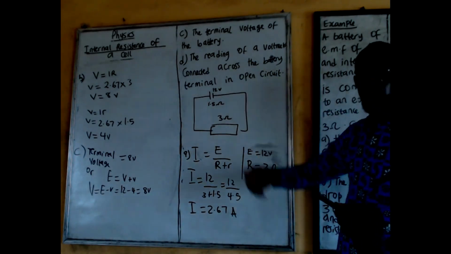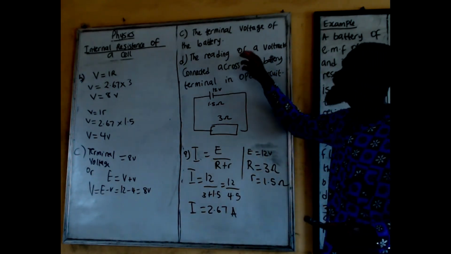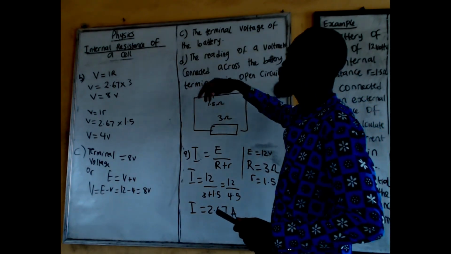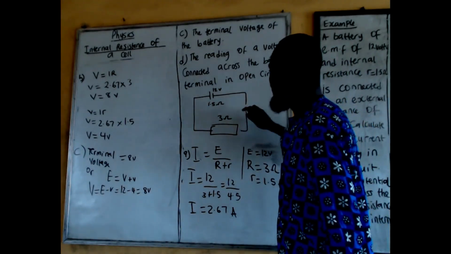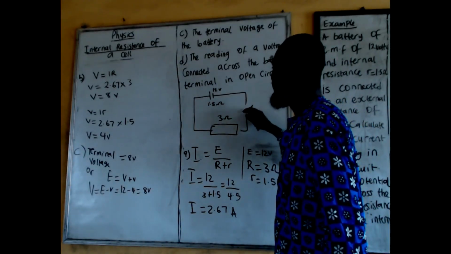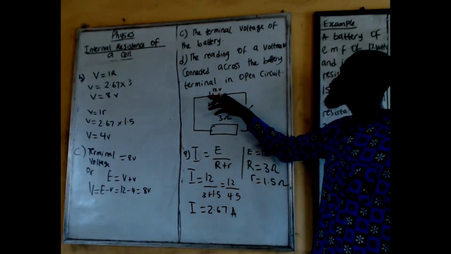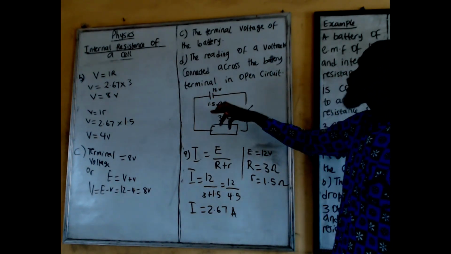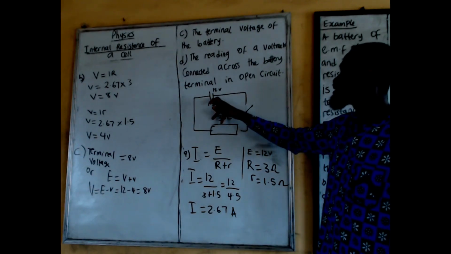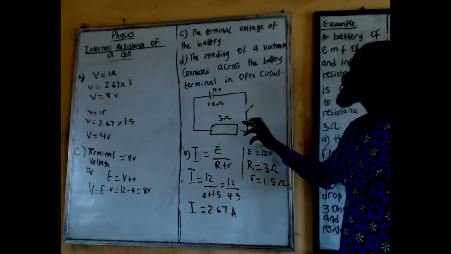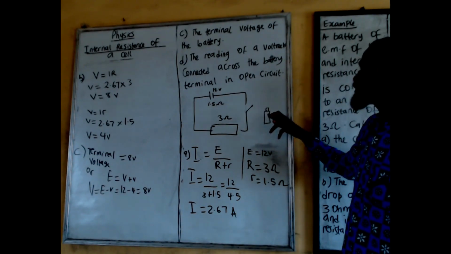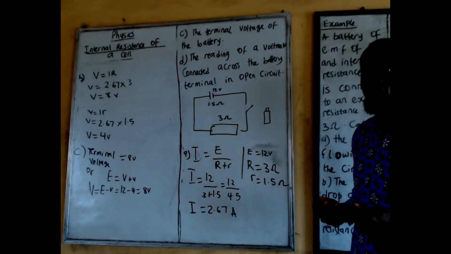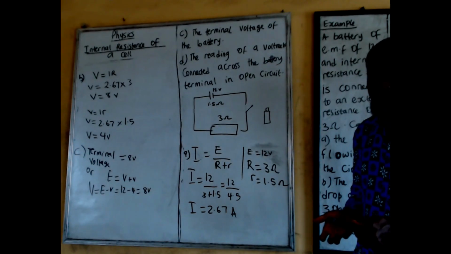The last part of the question says the reading of a voltmeter connected across the battery terminal in an open circuit. So if you break the circuit, now you should put a key and break the circuit. What will now be the reading of the voltmeter when the battery is in this open circuit? A voltmeter is the device for measuring what?